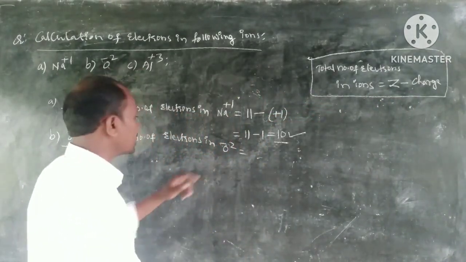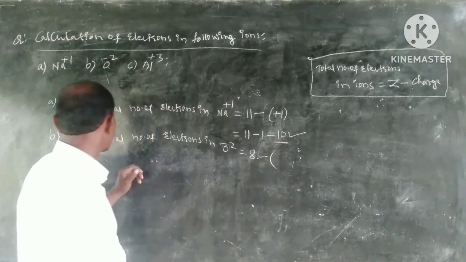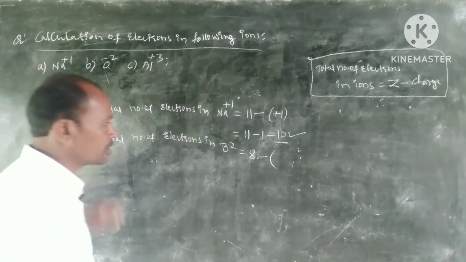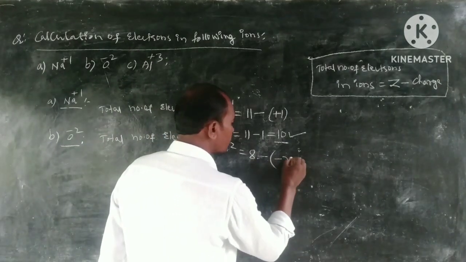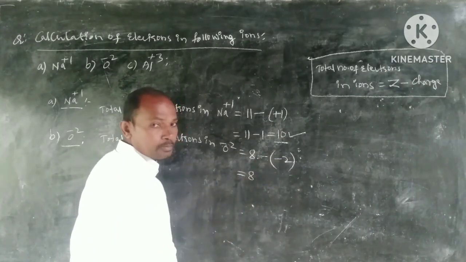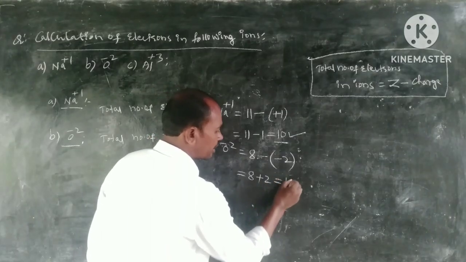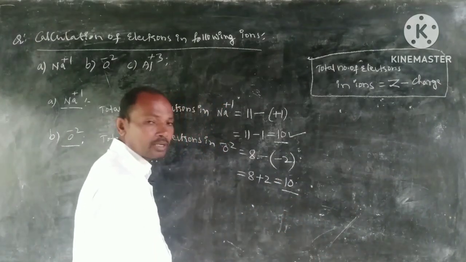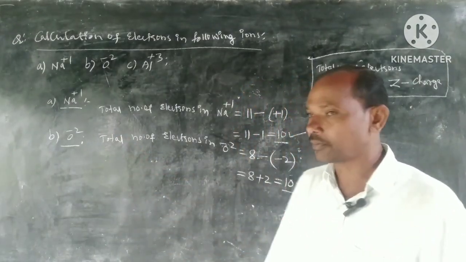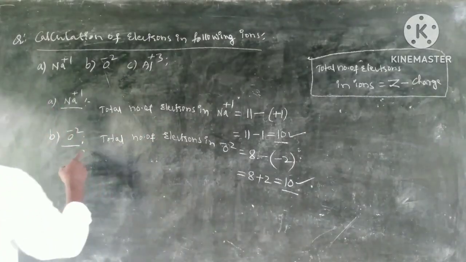Atomic number of oxygen 8 minus the charge, minus 2. So minus into minus is plus, so plus 2. That is equal to 10. Total number of electrons present in O minus 2 is 10.